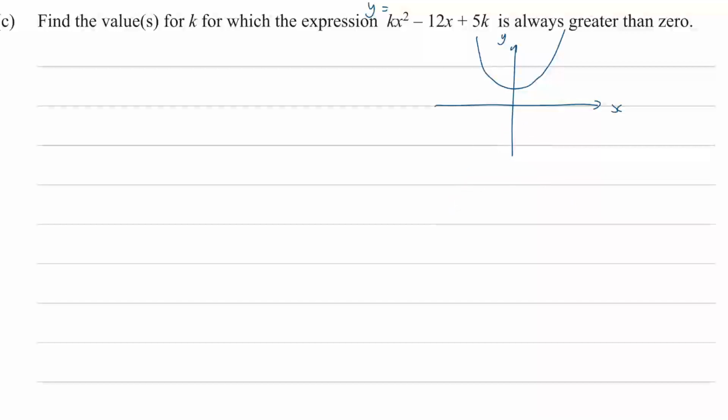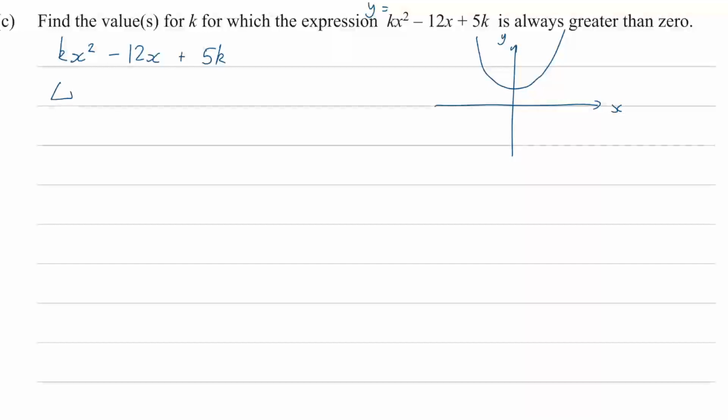Okay, so we have a quadratic, kx squared minus 12x plus 5k. And just visually from the sketch I've drawn, we want there not to be any roots, right? Because if there was a root or a solution, it means that there's either one intercept or two, and in both of those cases, it means that it's not always greater than 0.